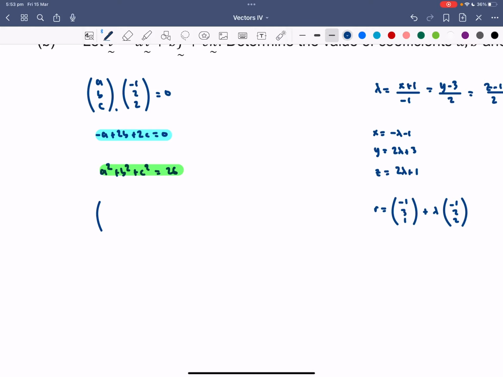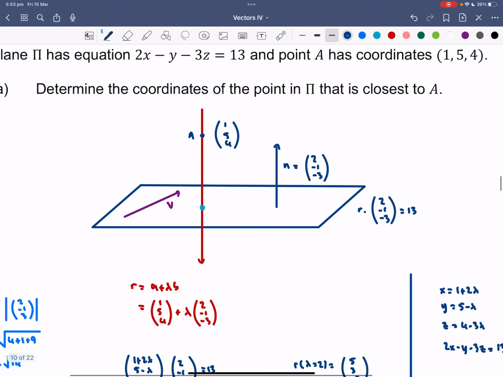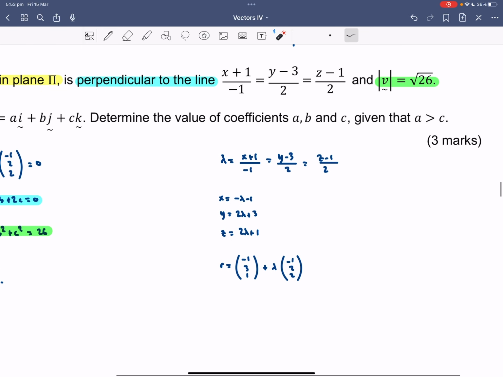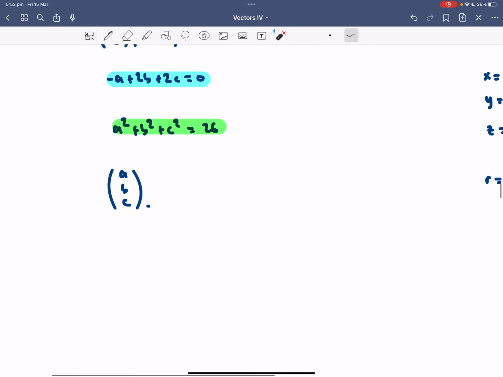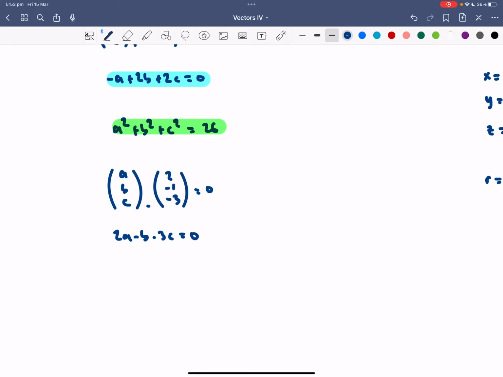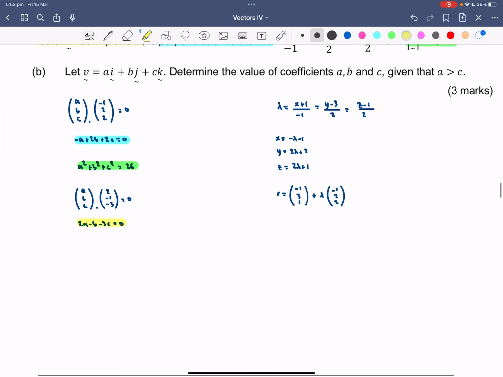Vector v, which is (a, b, c), is perpendicular to this line here, aka this vector here, but it is also perpendicular to the normal, which is (2, -1, -3). So this can be rewritten as 2a take b take 3c is 0. That is our third equation. And there you go, 3 equations, simultaneously solve it, and only pick the answer where a is more than c.